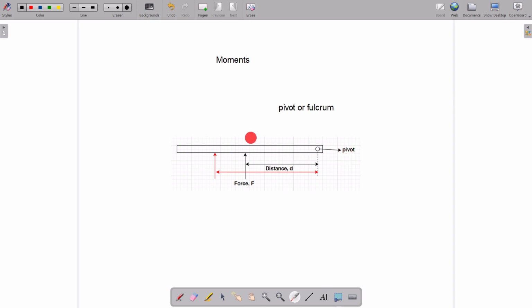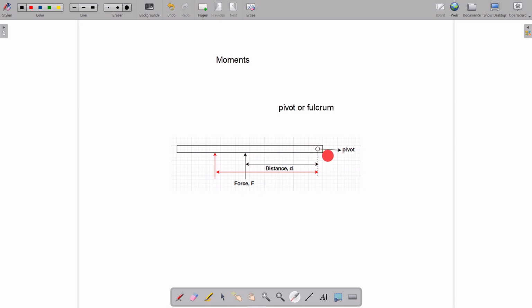Here we have a bar hinged at a point referred to as the pivot or the fulcrum, and we have a force acting on this bar from a distance d. The force is acting upwards, and so when this force is applied to this bar, it is going to cause the bar to move upwards, turning about this point referred to as the pivot.